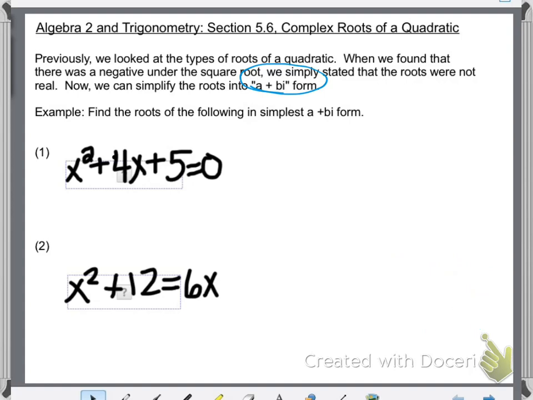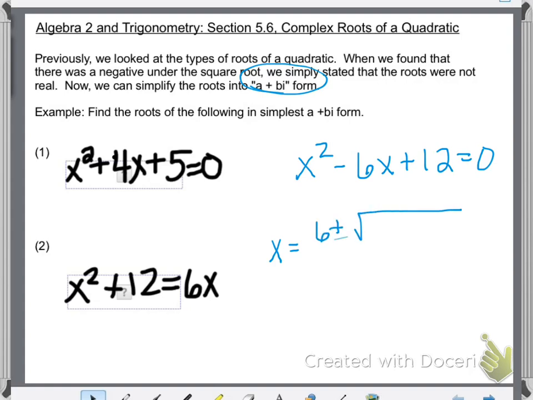Okay, for the second one, we have x squared plus 12 equals 6x. So the first thing we need to do is write it in our standard form of ax squared plus bx plus c. So we subtract the 6x. Same idea, do the quadratic formula, x equals opposite of b plus or minus the square root of b squared minus 4 times a times c, all over 2a.